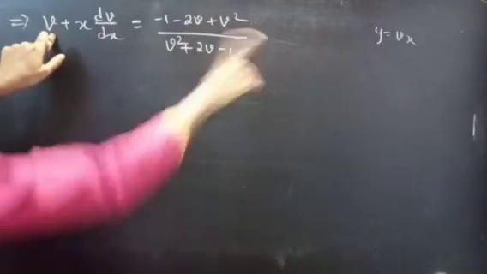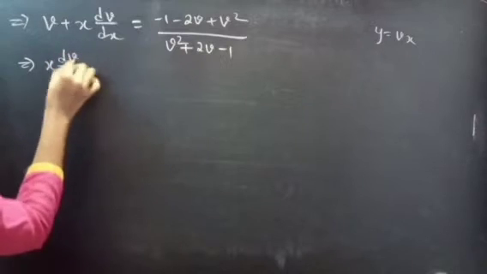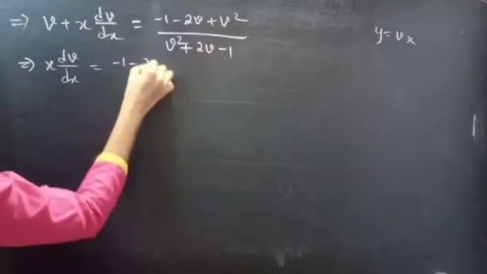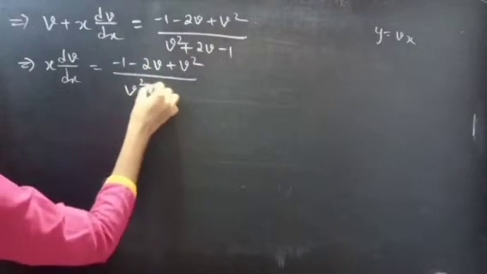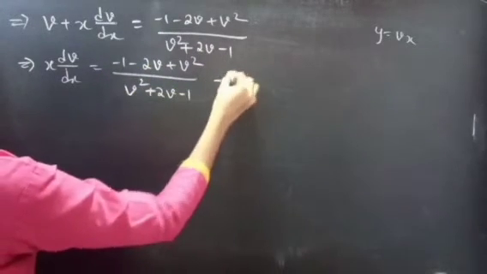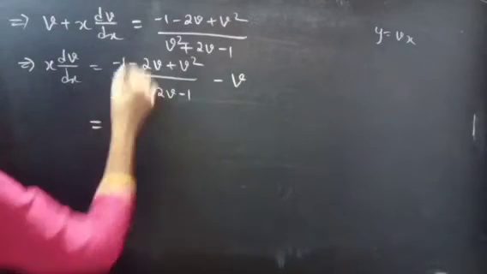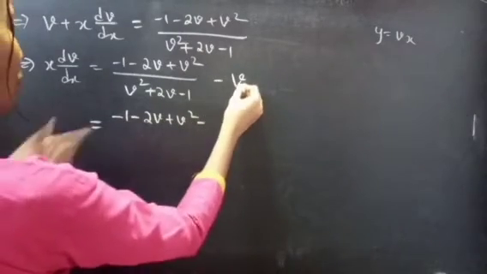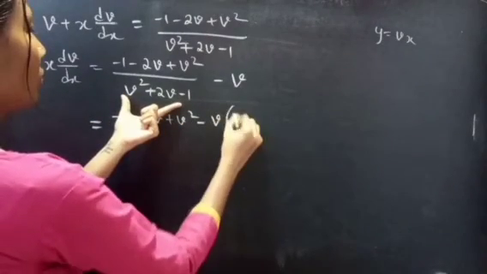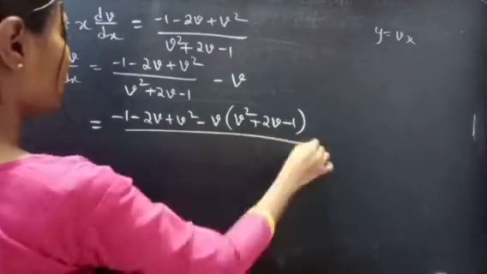Now take this v to RHS. Then x into dv by dx equals to minus 1 minus 2v plus v square by v square plus 2v minus 1, minus v. This becomes minus 1 minus 2v plus v square minus v into v square plus 2v minus 1 by LCM.